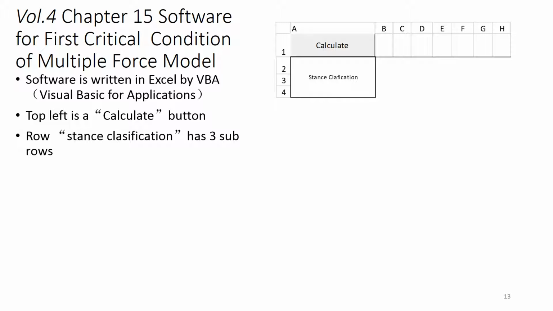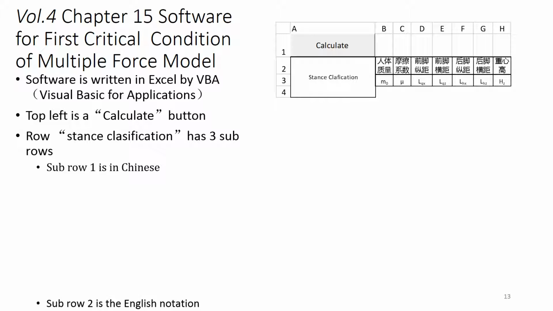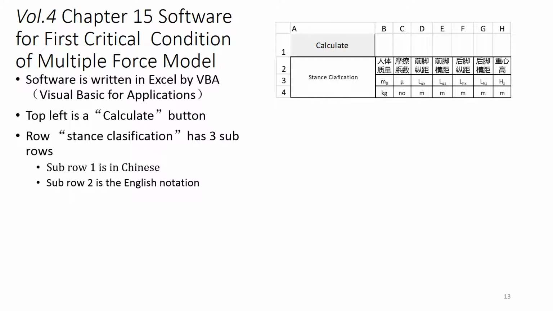Row stance classification has 3 sub-rows. Sub-row 1 is in Chinese. Sub-row 2 is the English notation. Sub-row 3 is the unit.